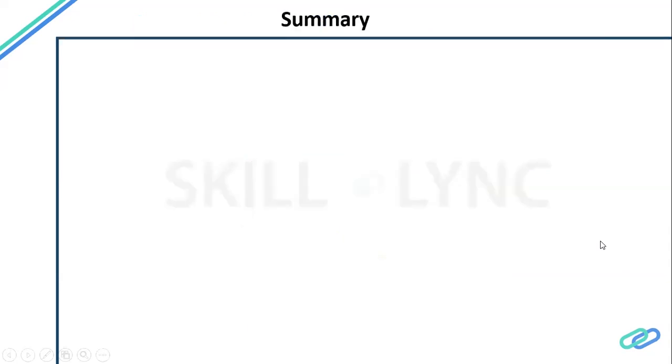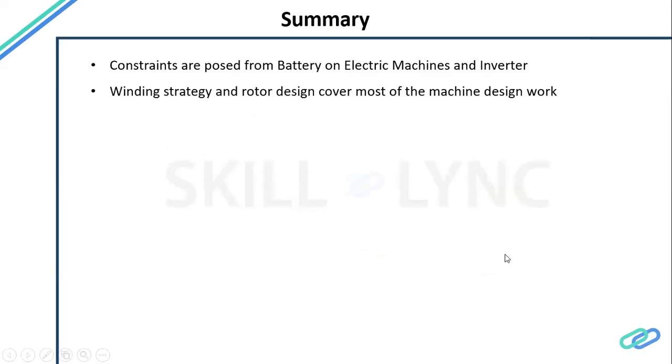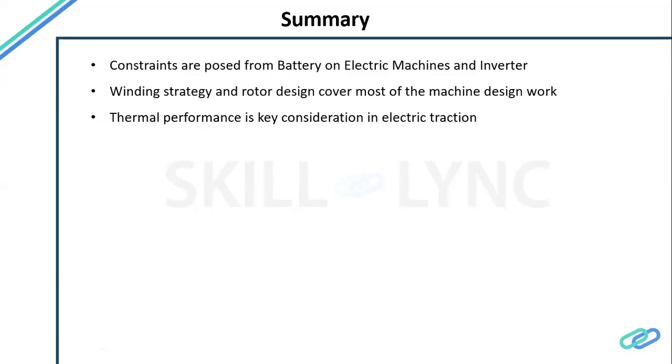So some last thoughts from me. We have to consider constraints from all directions: from the battery, from the inverter, what kind of winding strategy we should have, the rotor design. But rotor design and winding strategy is a bigger space in this whole design area.